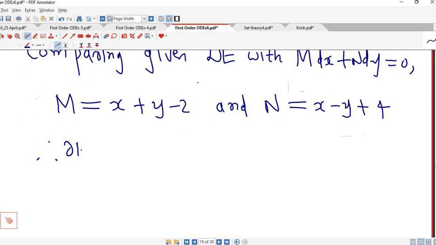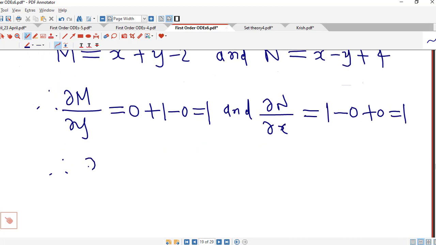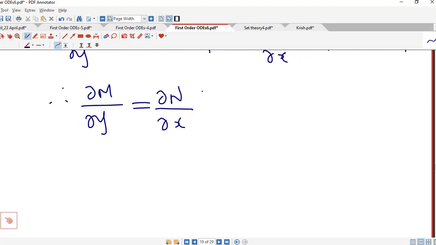Therefore partial derivative of M with respect to y is 0 plus 1 minus 0, that is 1, and partial derivative of N with respect to x is derivative of x is 1, derivative of minus y plus 4 is 0. So both the partial derivatives are equal, therefore del M by del y equal to del N by del x. Therefore given differential equation is exact.